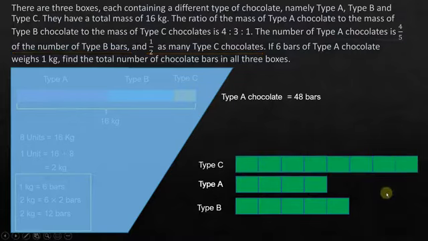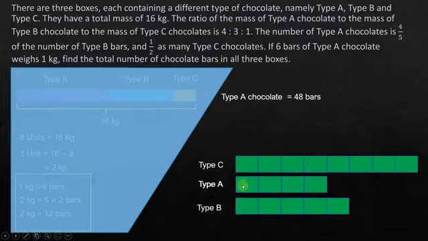So now we know that type A is 4 units, right? And type C is 8 units and type B is 5 units. And they are all divided into the units of equal size.